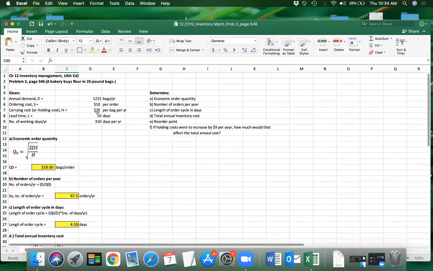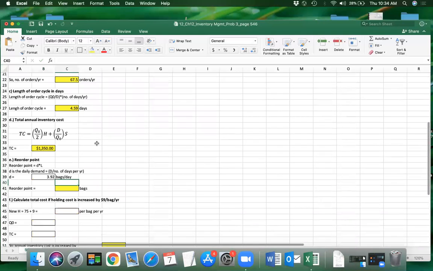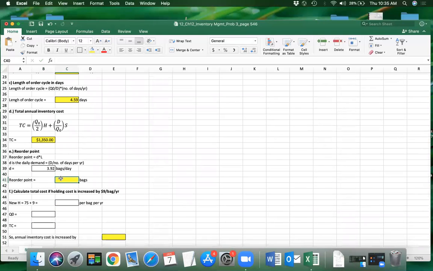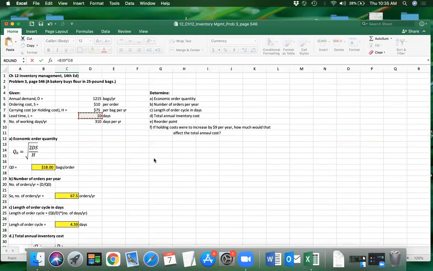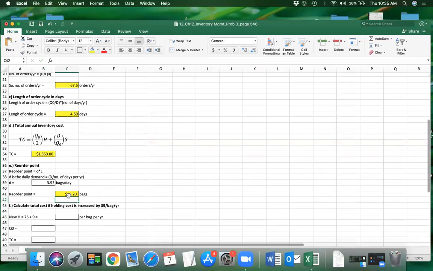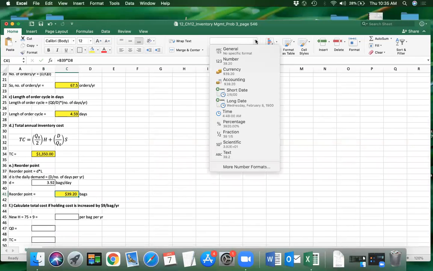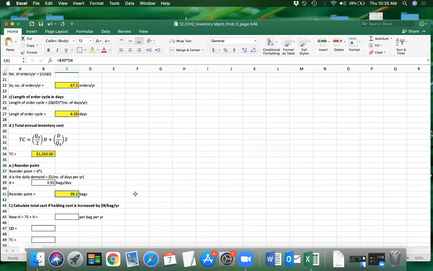And we know that it takes 10 days for my order to arrive. So that will give me the reorder point, which tells me how many bags I should maintain. That should be equal to my daily demand times lead time. So that gives me that I need to roughly maintain 40 bags in stock.